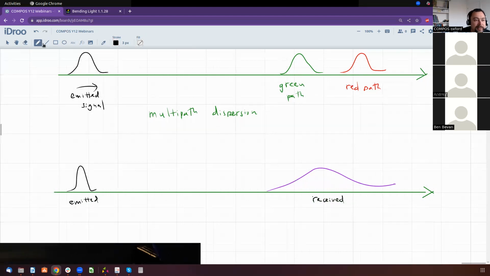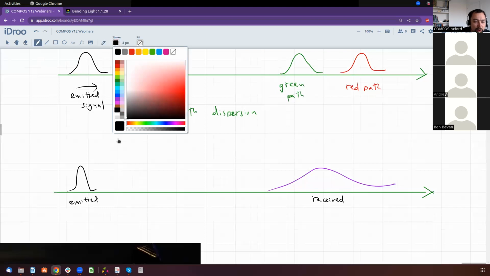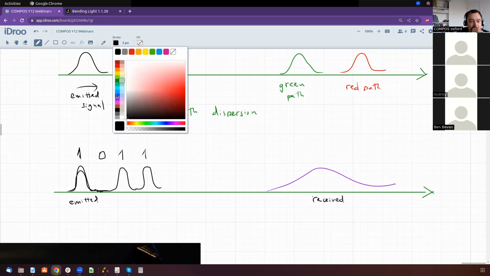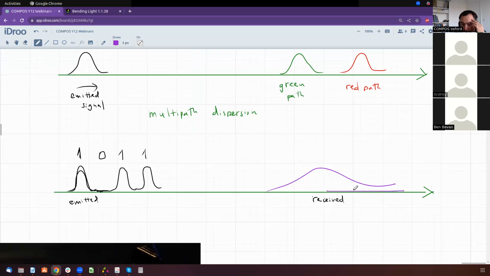So let's say you're sending 1, 0, 1, 1. This is the number, what, 8 plus 3. This is the number 11 in binary. And what you are receiving is blob, no blob, blob, blob.